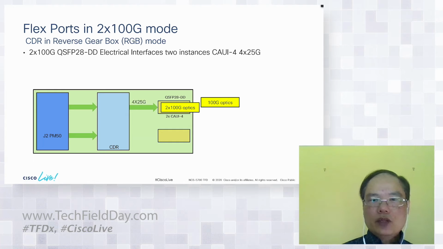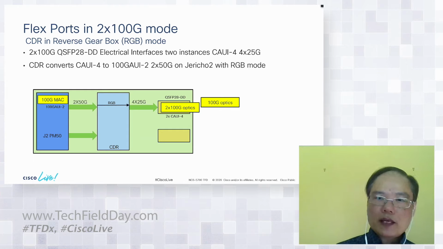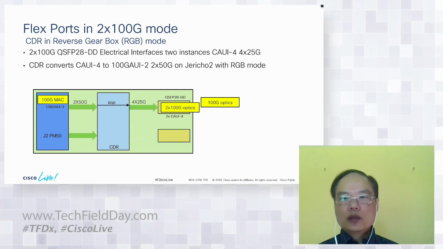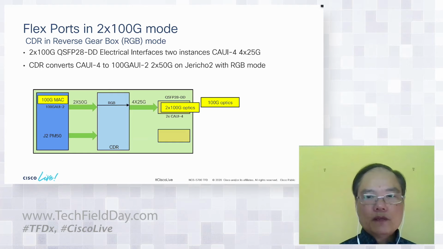For the first instance of 100 gig optics, the CDR will use reverse gearbox to convert the 4 by 25 gig CAUI-4 interface to a 2 by 50 100 gig AUI-2 interface on the Jericho II. And the Jericho II will also generate one instance of 100 gig MAC.